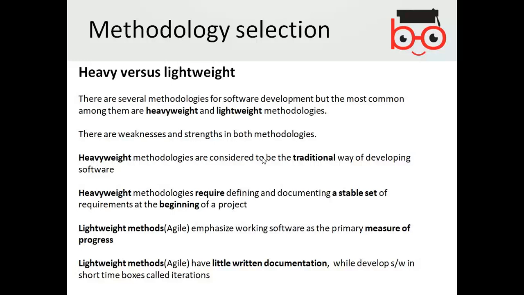Otherwise, you cannot go back to the previous stages without wasting time. So overall, like a waterfall, it had disadvantages and advantages as well, but those are considered under the heavyweight. Heavyweight methodologies require defining and documenting a stable set of requirements at the beginning of a project.